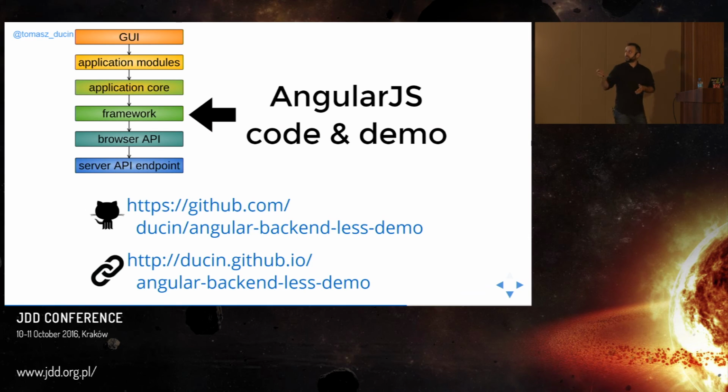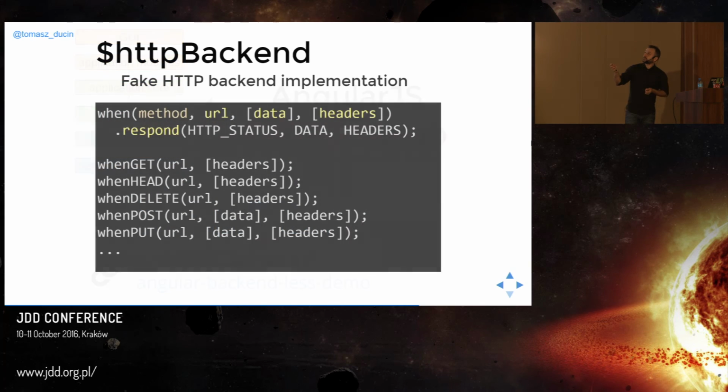An alternative to hacking the built-in JavaScript is to use a framework layer. So AngularJS is just one of the examples. I believe that whatever kind of library or framework that has its own model layer should get bundled with such a solution. So the idea is really similar. We have an HTTP backend service.